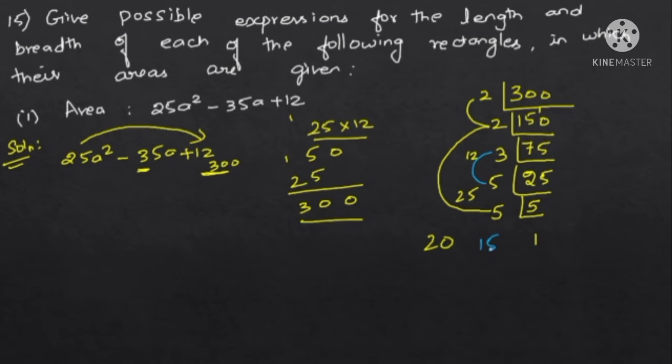Now if I add 20 plus 15, we get 35. Since we have minus, we can choose minus 20 minus 15. So minus 20 minus 15 is minus 35, and if we multiply minus 20 into minus 15, definitely we get 300.